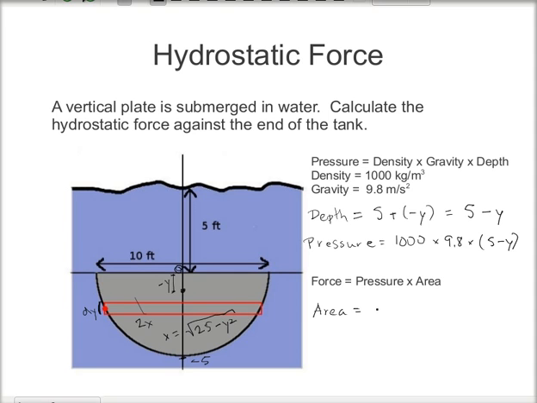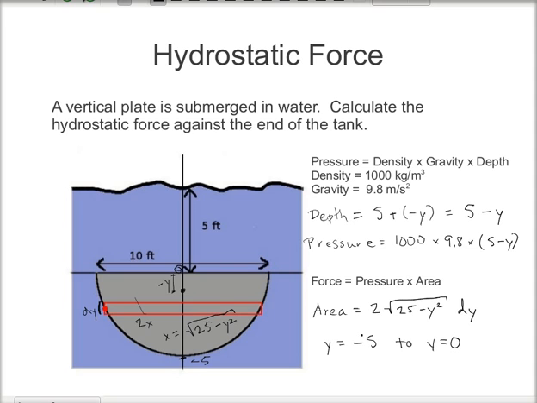So my area is 2x, or 2 times the square root of 25 minus y squared dy. And we said we were going from y equals -5 at the bottom to y equals 0 at the top.